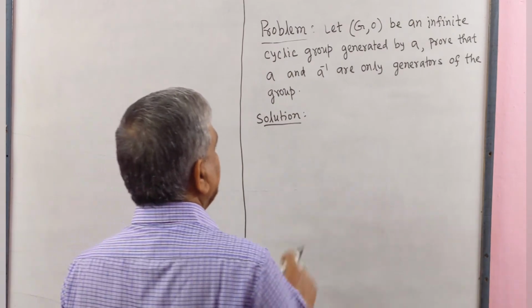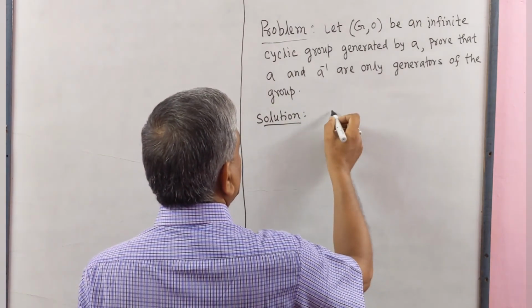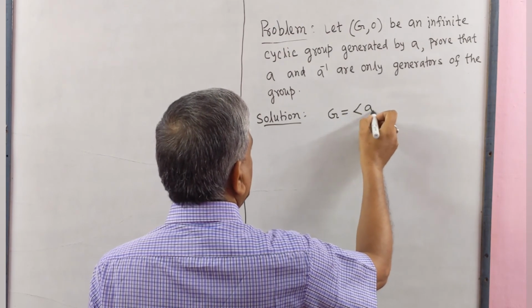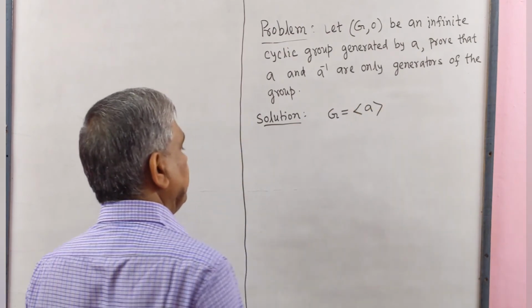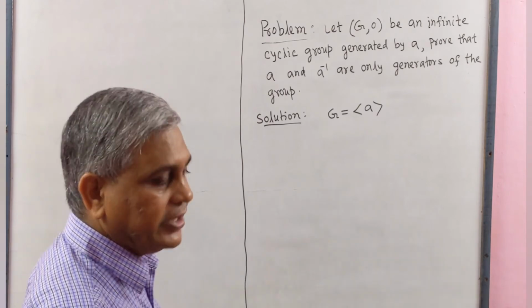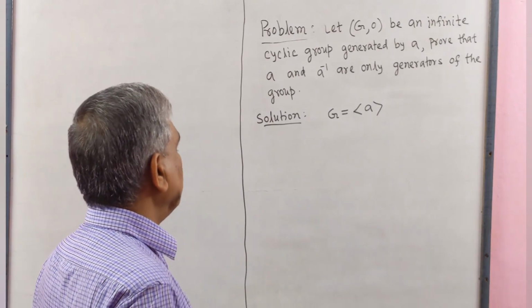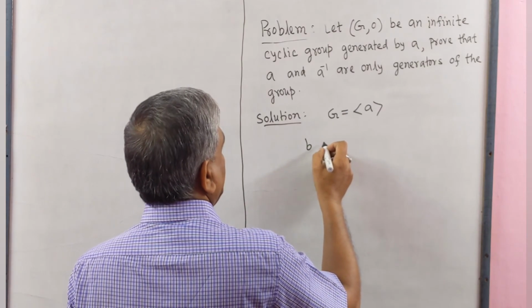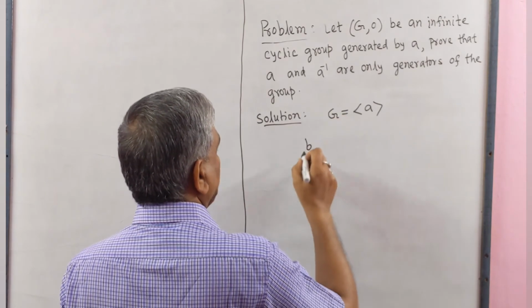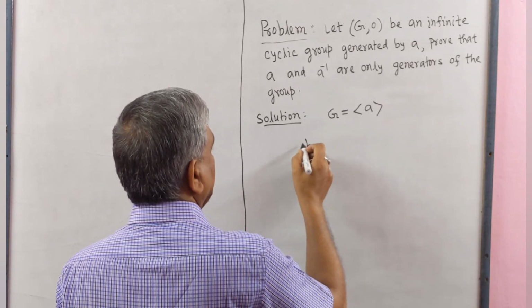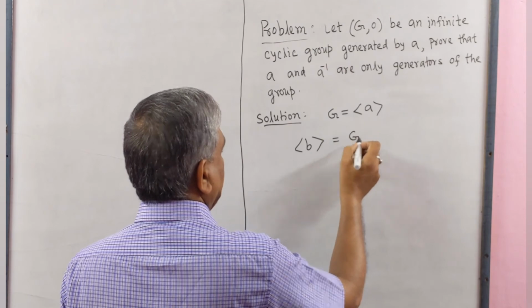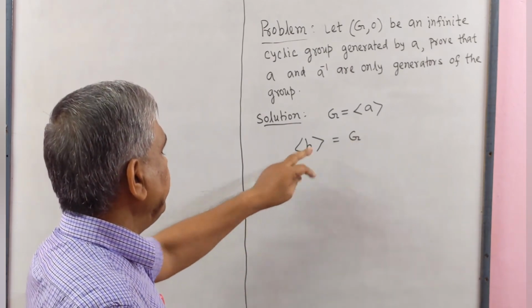Here it is given that A is the generator of the group, therefore we may write G is generated by A, where G is an infinite cyclic group. Let B be another generator of this group. We may write G as generated by B.